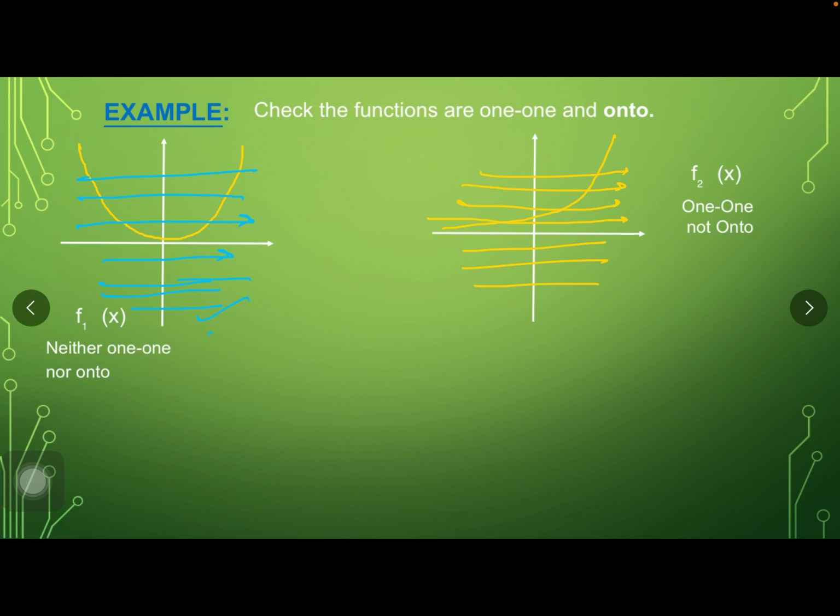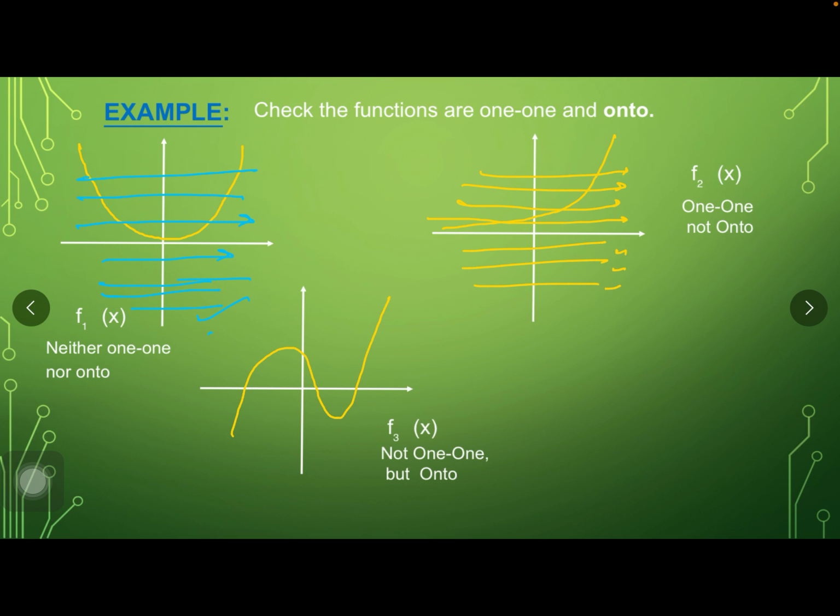Because it satisfies the condition of one-one: if we draw the horizontal line, it must intersect this graph at most one point. So this is one-one, but it does not fulfill the condition of onto, because these horizontal lines don't intersect our graph at any point, right?